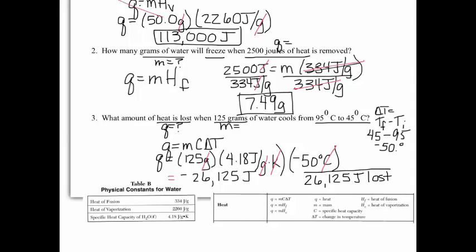So you could write it this way, not using that negative for the delta T, or you could write it this way. Either answer is acceptable. You can't have the negative and have lost, though. And that's how you would do problems using a cooling curve. Not very different from a heating curve.